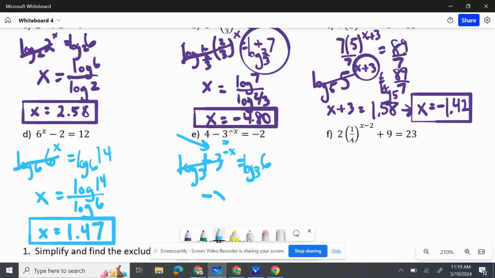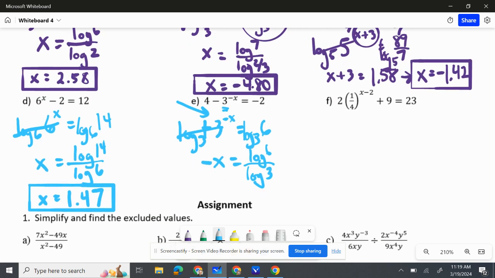I do the change of base formula, log of 6 divided by log of 3. When I do that, I get negative x is equal to 1.63, and so positive x would actually equal negative 1.63.